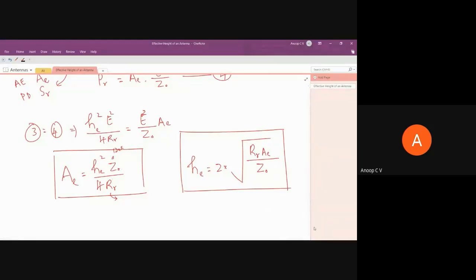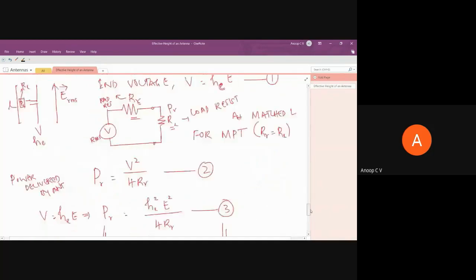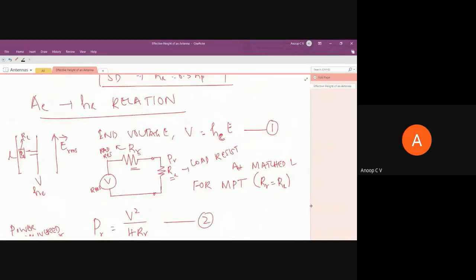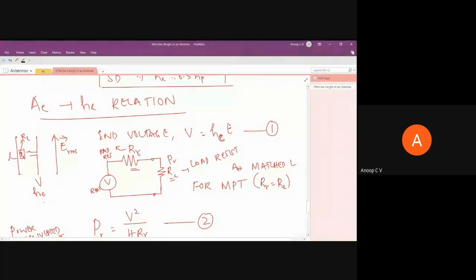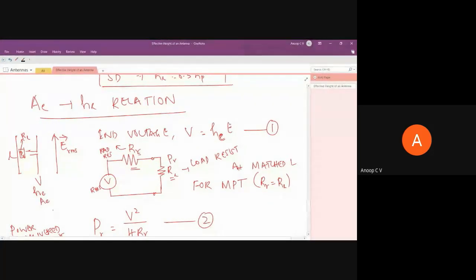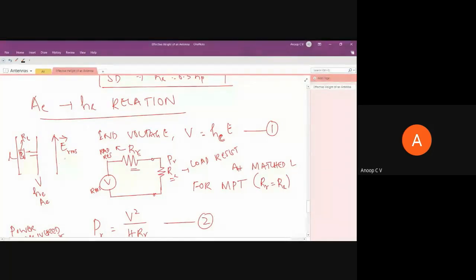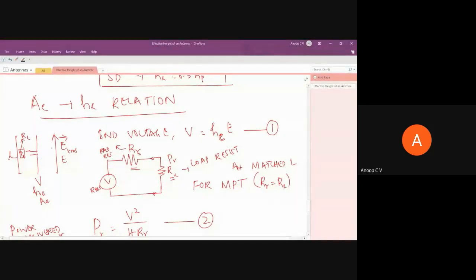Let me quickly explain what we have done. We are assuming an antenna with effective height HE and effective aperture AE, and E is the RMS electric field intensity in which the antenna is immersed.